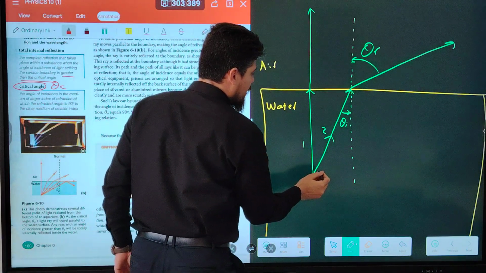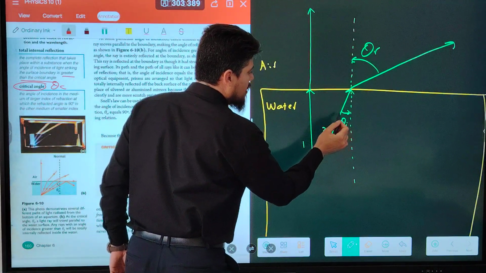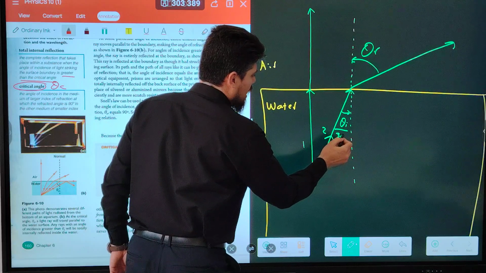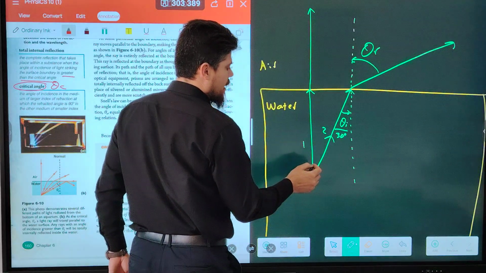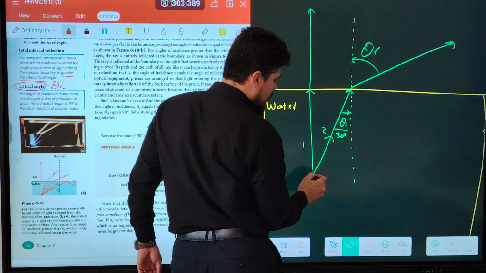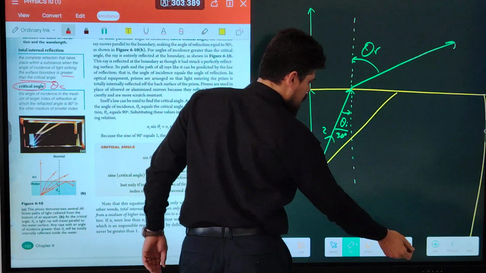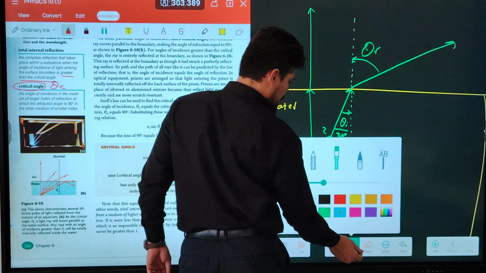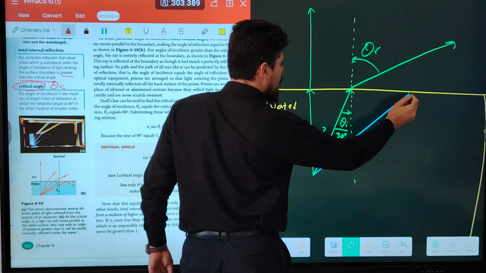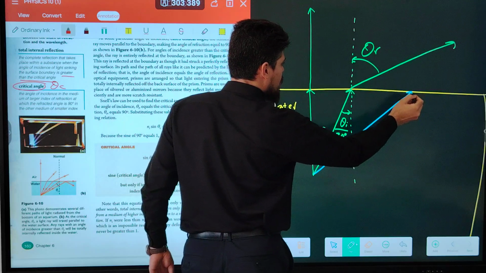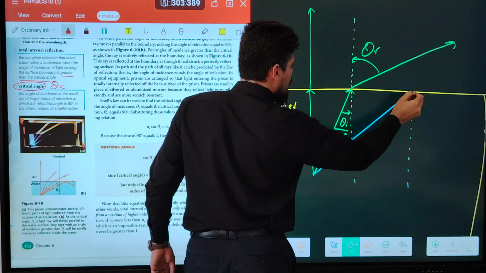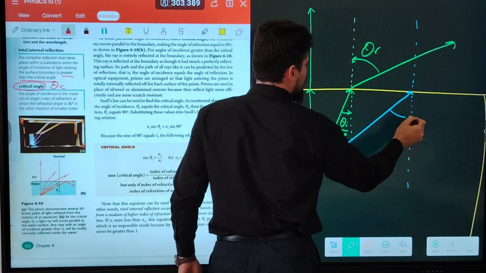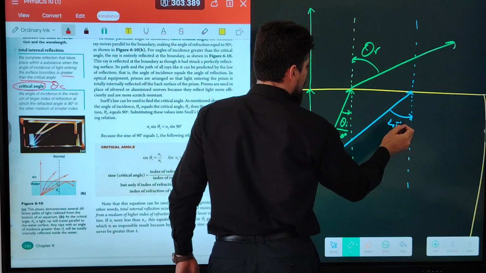For the third ray, we increase the angle of incoming light. For example, assume the angle is 30 degrees, and we increase it with respect to the normal from 30 to 45, for example.